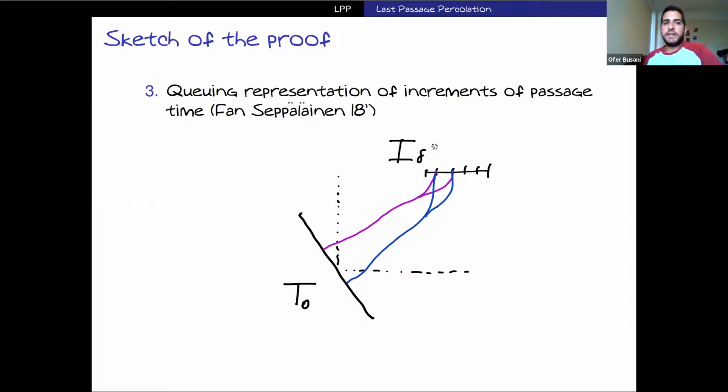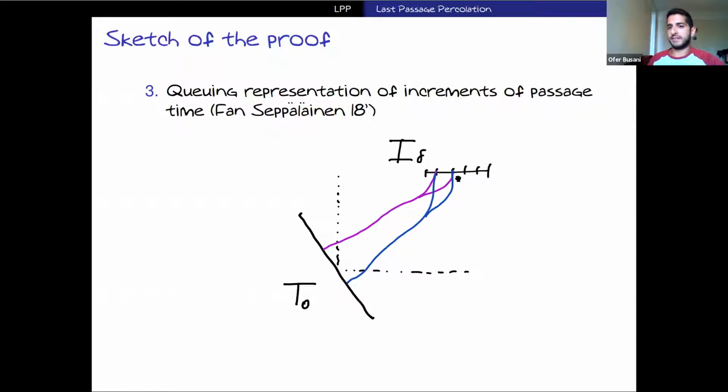And lastly, we need what I would refer to as queuing representation of increments of passage time, where we use these results from Marton and Seppelainen. The idea is that one can show where the blue and the purple geodesics will cross through I delta. So we said that we have localization, we know that they will cross through I delta.